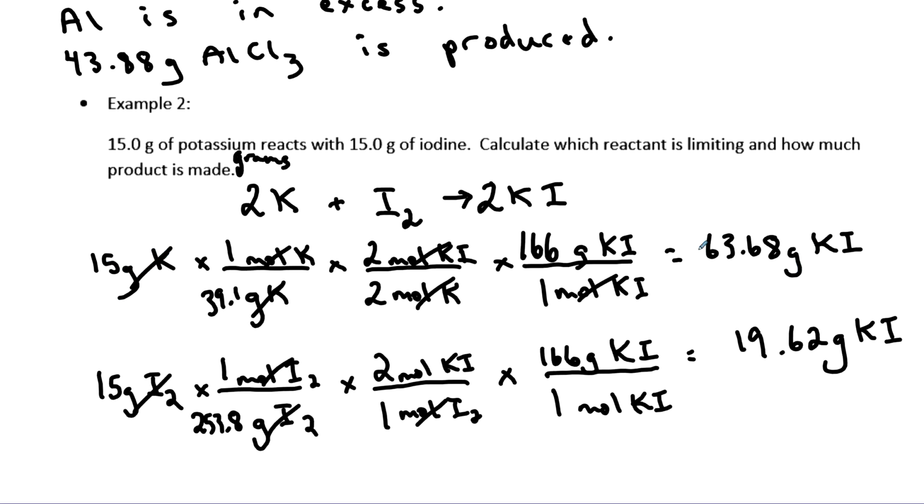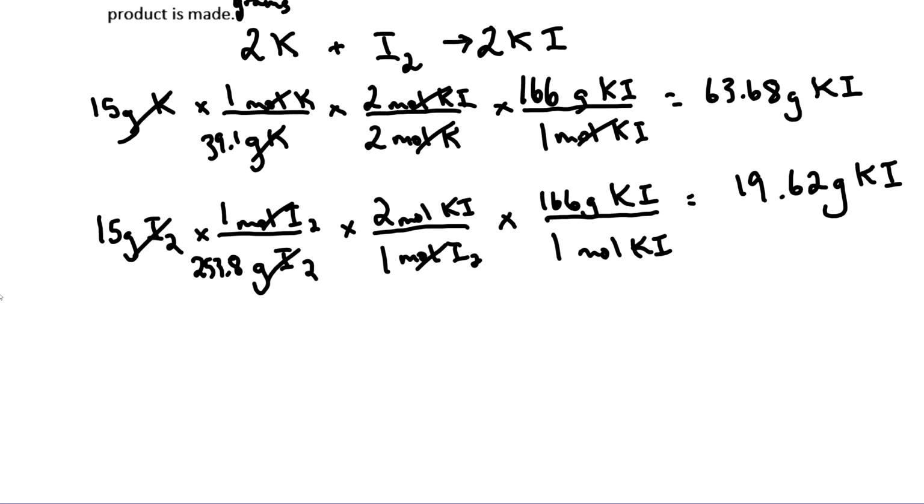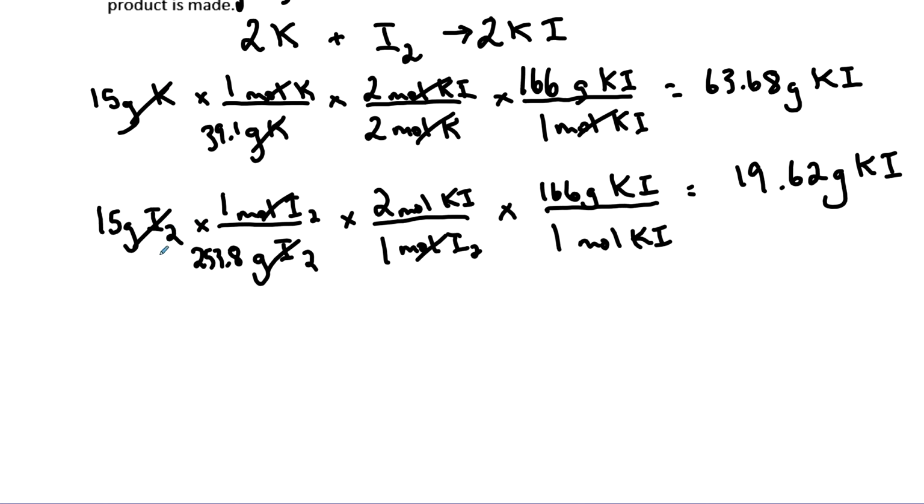Okay, so this amount is impossible because this is going to run out first. So this is going to be left over. So let's answer those same questions again. The limiting reactant is the reactant that produces the least amount of product.